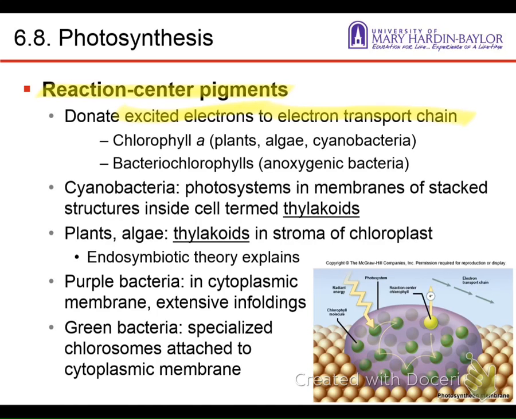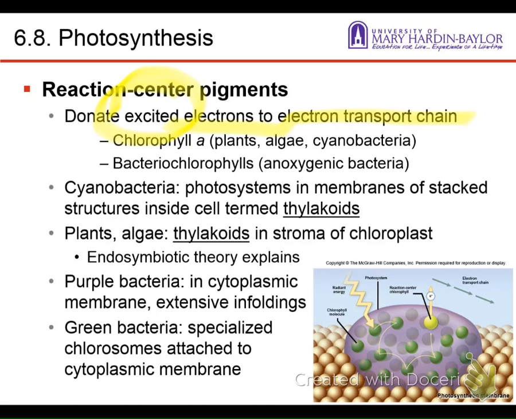They're actually producing excited electrons, charging up electrons. Remember how we talked about flow of electrons, high energy electrons, low energy electrons? These pigments are harvesting photons, the energy from photons, and transferring that energy to electrons to make them high energy electrons. And those high energy electrons then can go and drive the electron transport chain.